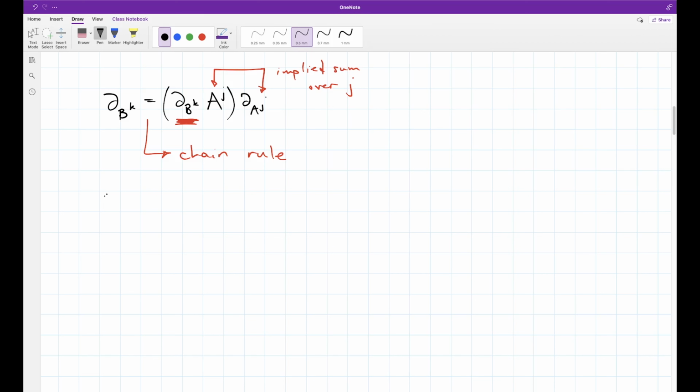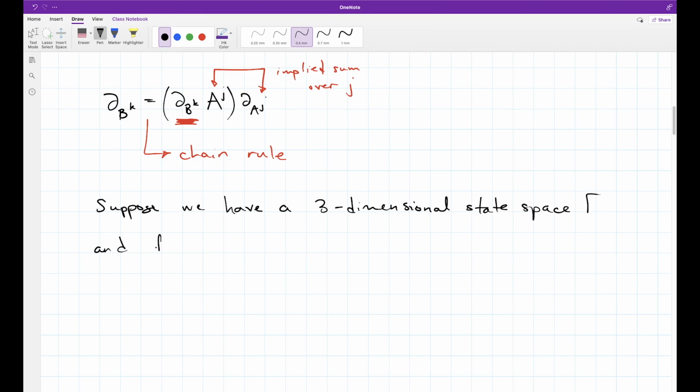Suppose that we have a three-dimensional state space, gamma, and functions A, B, C, X, Y, Z, why not?